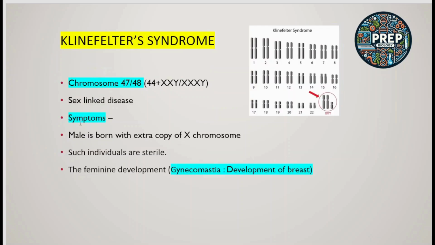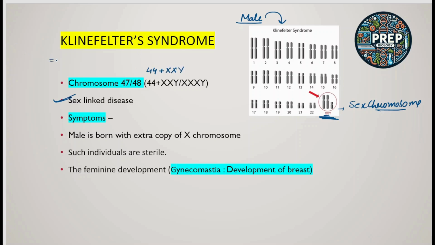The next syndrome is Klinefelter syndrome. Klinefelter syndrome is a sex-linked disease. Why sex-linked? Because the chromosome is added in the sex chromosome. In males, one extra X is added, so the condition is 44 plus XXY.